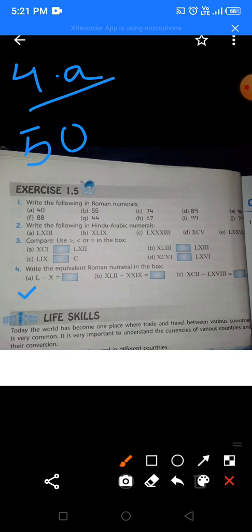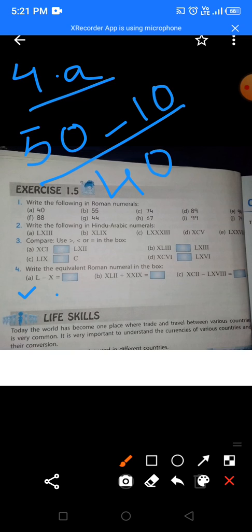So L is nothing but 50, and X is nothing but 10. So 50 minus 10 will give you 40. And how do you write 40 in Roman numerals? You will just write 50 and subtract 10. So this will be your answer for 40. Yes, so how will you write it in your notebook? See, first children, you will copy the question. 4a. Your question is this.